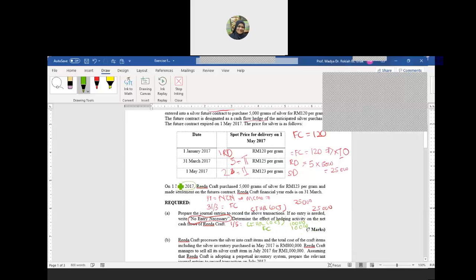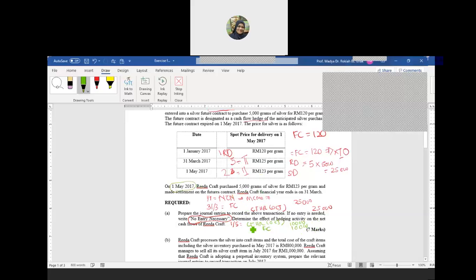The first thing, you need to account for the changes in the price, and then on the 1st of May, you also purchase 5,000 grams of silver at the price of 123 and make the settlements of the future contract.